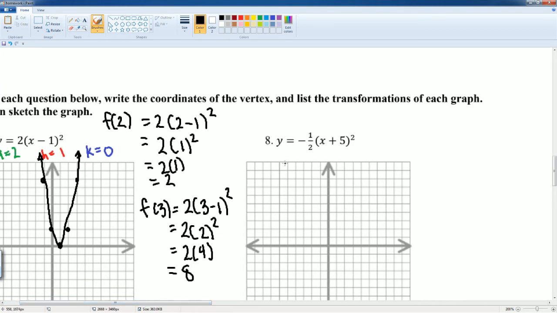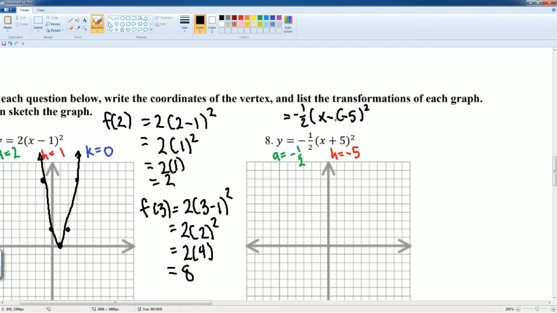Now, what happens when it's a negative 1/2 out in front? Well, let's just do it. A is negative 1/2, so this is negative, and it's going to be a stretch here. It's going to get fatter, wider. The H is going to be -5 again, because remember, it's written as x minus -5 squared, so it's a plus here.